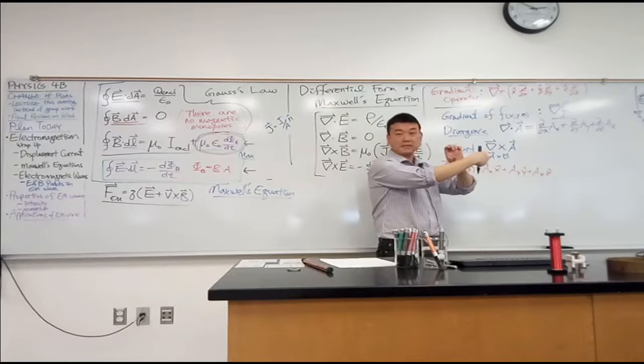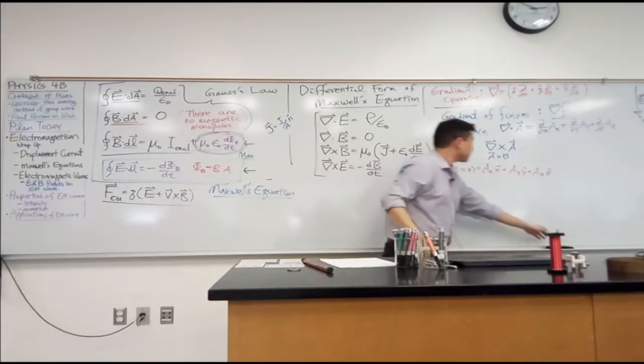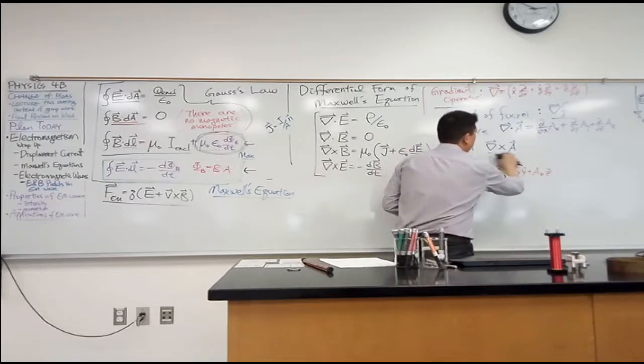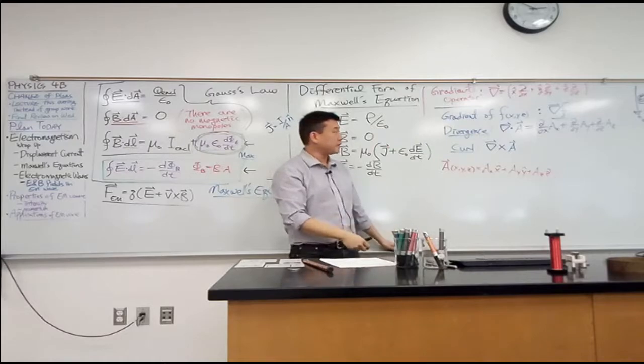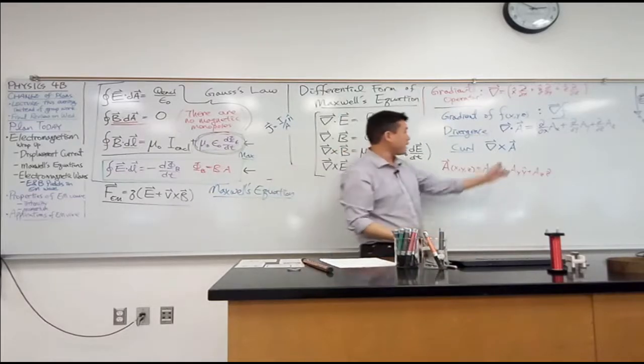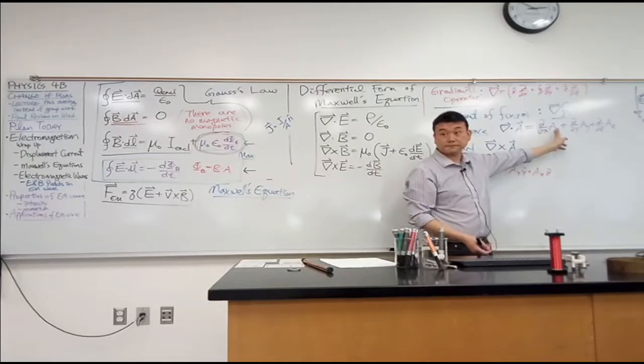When you swap the order, you get something entirely different. It's still an operator, it doesn't act on anything. So when you write down this curl operation, you have to be careful in keeping that order the same. The derivative always has to come before the component.